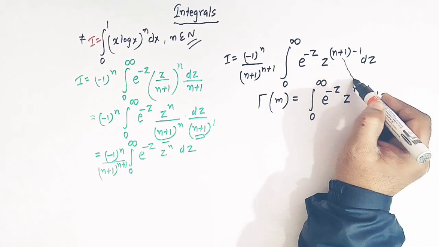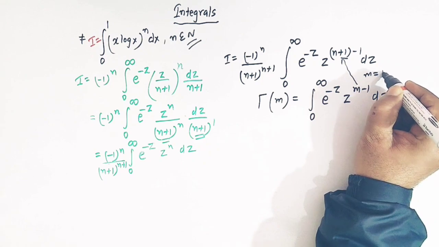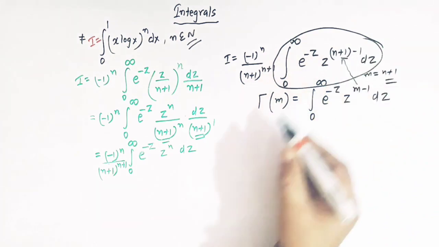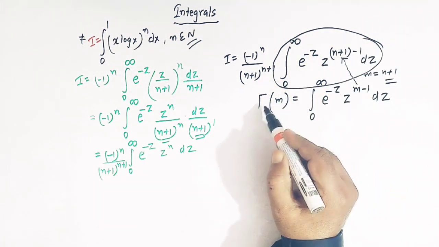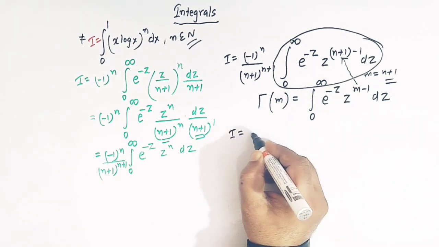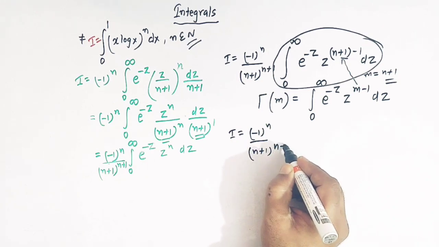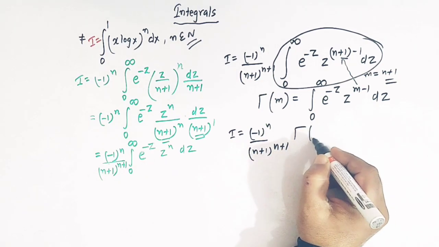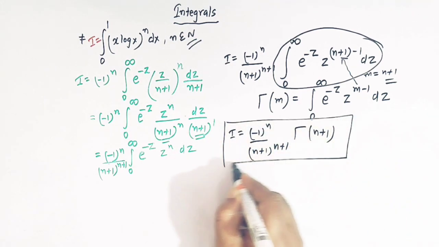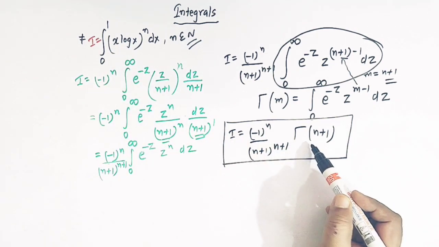If we compare these two integrals, we can see that m can be replaced by n plus 1. So this integral now takes the form gamma of n plus 1. So I can be written as minus 1 raised to n, (n plus 1) raised to n plus 1, and gamma of n plus 1. Viewers, the value of this integral is given by this expression.